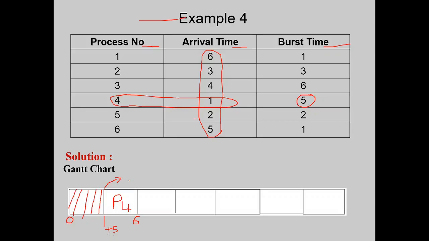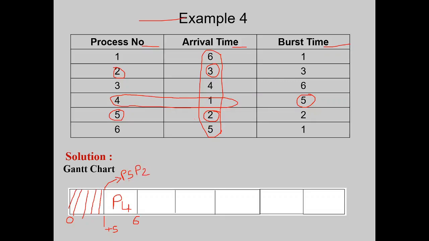Now when process P4 is executing, at unit 2 process P5 has arrived. And at unit 3 process P2 has arrived. Okay, these are the processes which have already arrived.